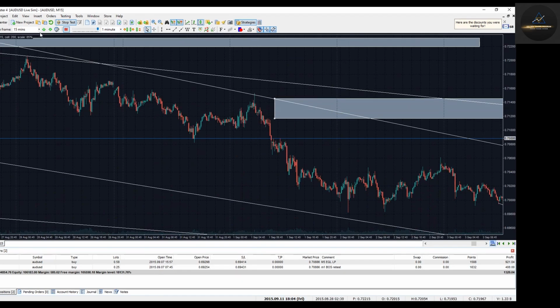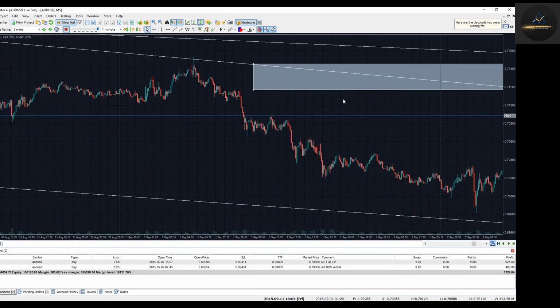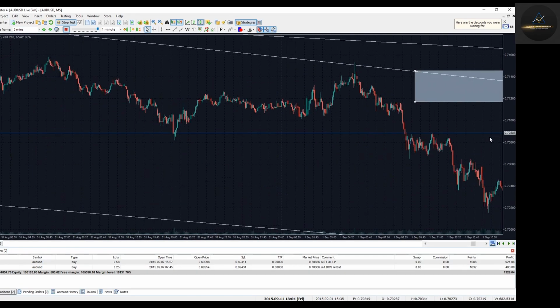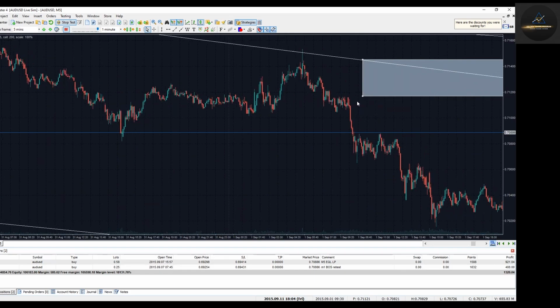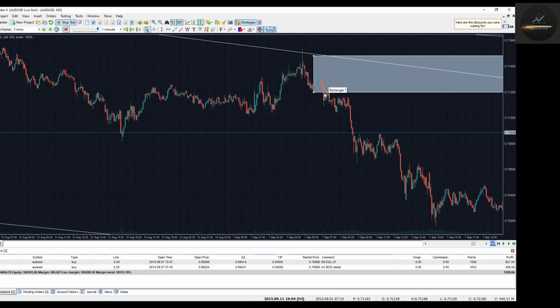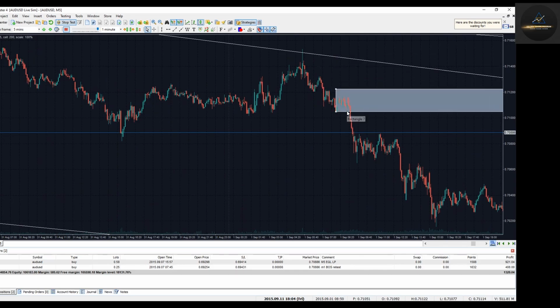This will be mitigated on the 15-minute, which is not what I want to see. So on the 5-minute, I don't like this one. This one here has already been mitigated, right? We're looking for something up here, and we're not really getting it, are we?